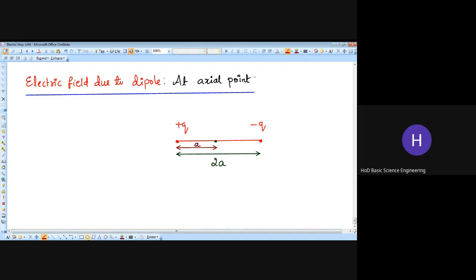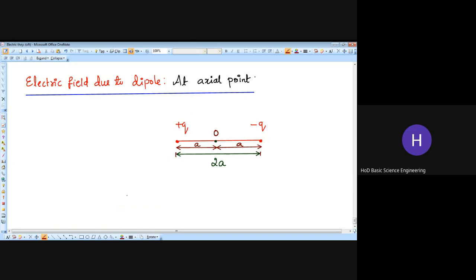Similarly, for the other charge, from midpoint to that charge, the distance will be a. So total distance is nothing but 2a. Hope it is clear. You can name this midpoint as O. Okay, so this is the dipole.